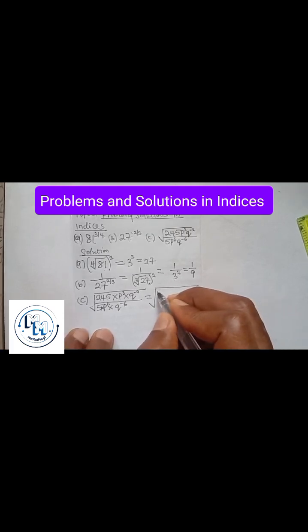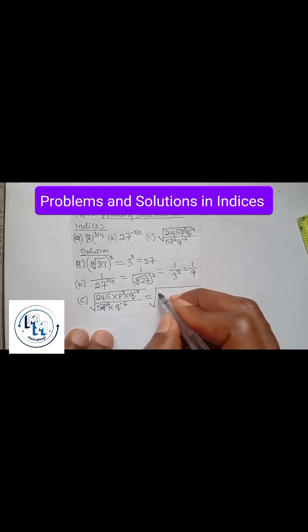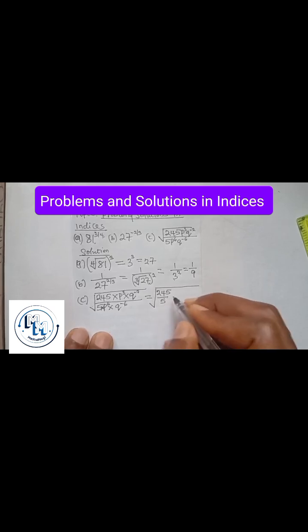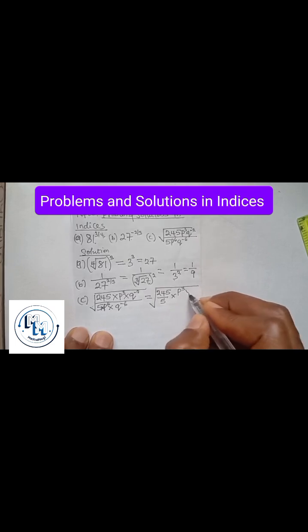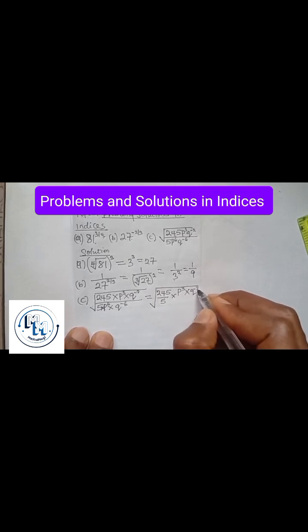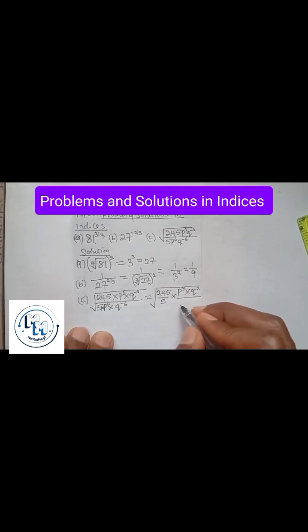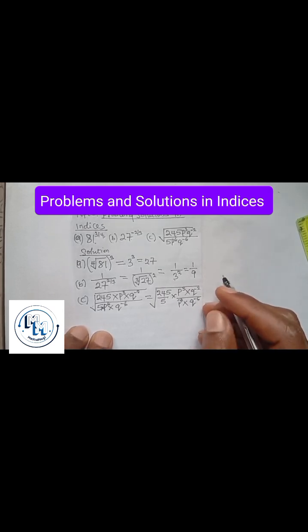This way, this will actually become 245 over 5, all right, then multiplying p power 3 times q power minus 2 over p power 6 multiplying q power minus 6. Hope you're getting the whole thing gradually and clearly. Is that okay?